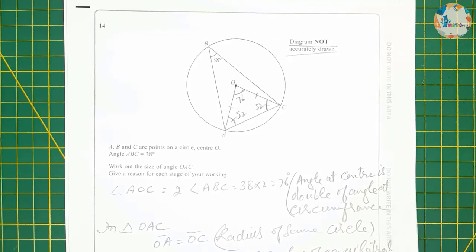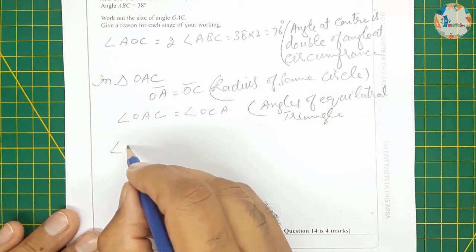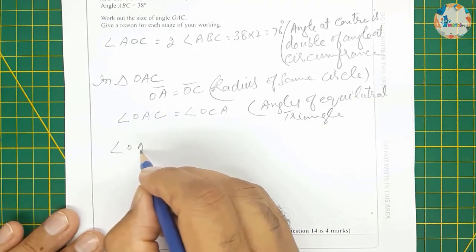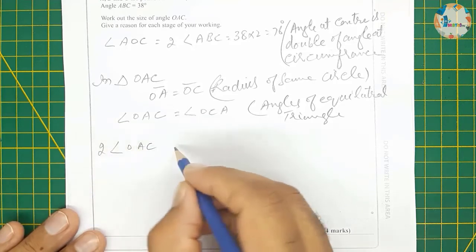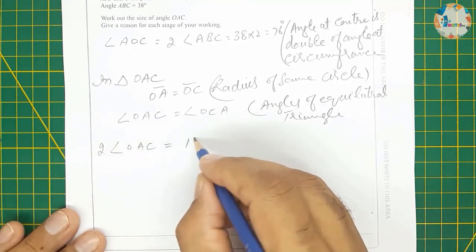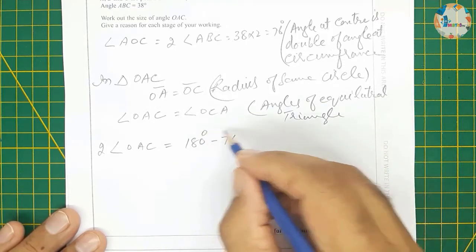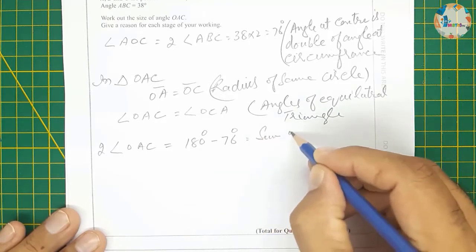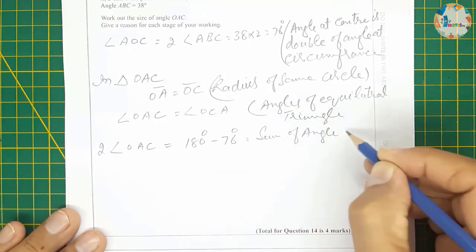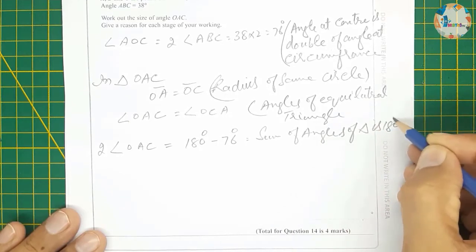And then we will write angle OAC is double of angle OAC is equal to 180 minus 76 degrees, and we will write sum of angles of triangle is 180 degree.